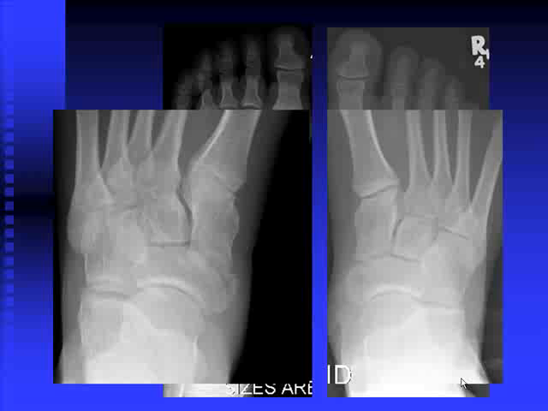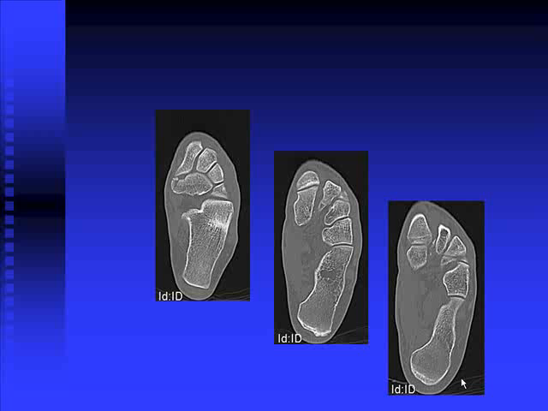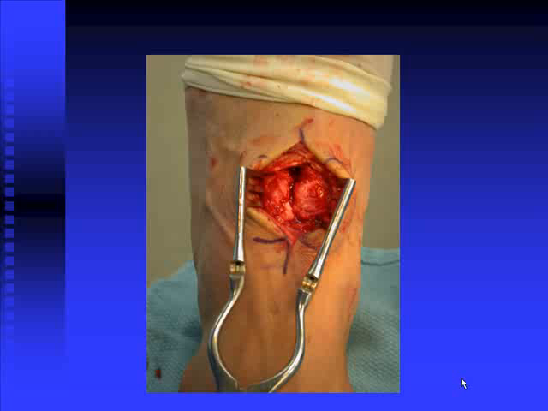This is the same CT as I showed you earlier. And what we want to fix is the base of the second metatarsal back to the cuneiform. And this is the dorsal approach that we use. You can see this instrument is in the gap between the second metatarsal and the cuneiform.